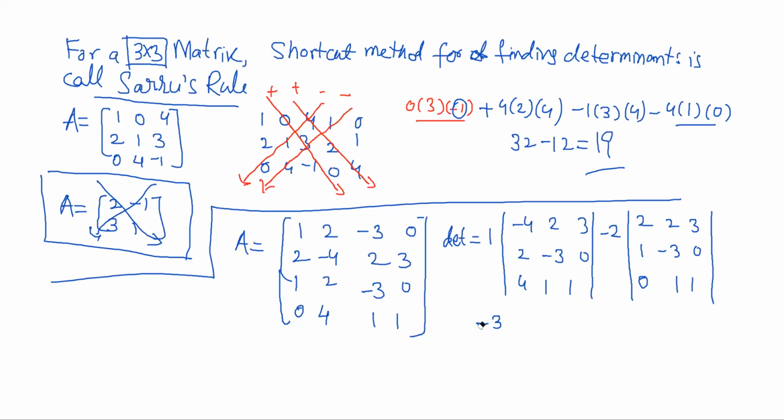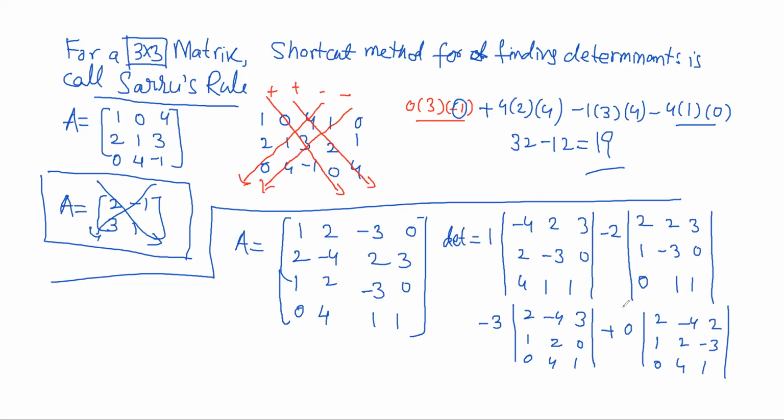So it should be minus 3, and its minor will be 2, minus 4, 3, and 1, 2, 0, and 0, 4, 1. And then again minus, and the last one will be 0 anyway: 2, minus 4, 2, and 1, 2, minus 3, and 0, 4, 1.